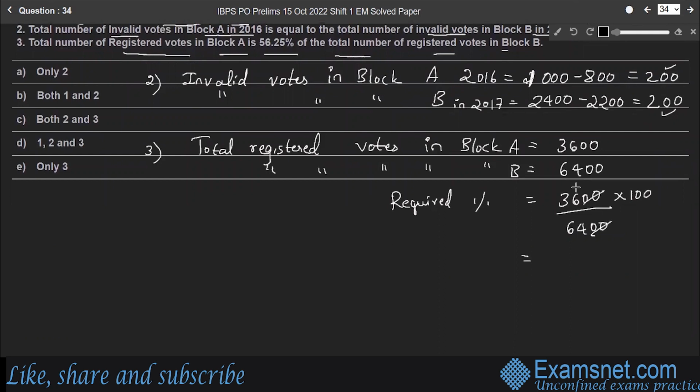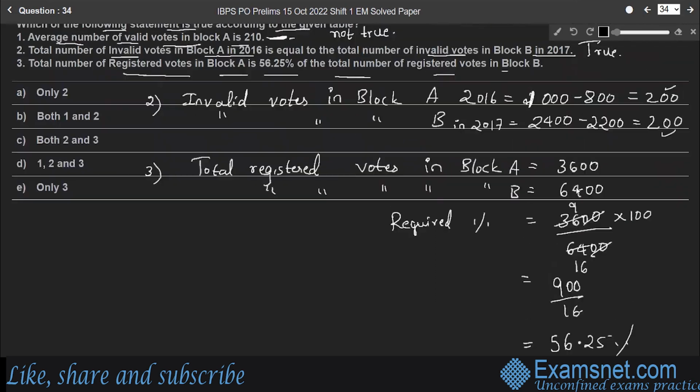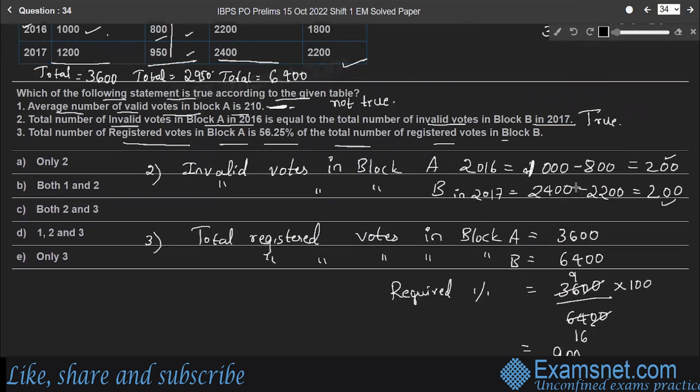We can cancel two zeros. 4 into 9 is 36, 4 into 16 is 64. Therefore, it is 900 by 16. We can simplify it, so 56.25, right? So the required percentage is 56.25.